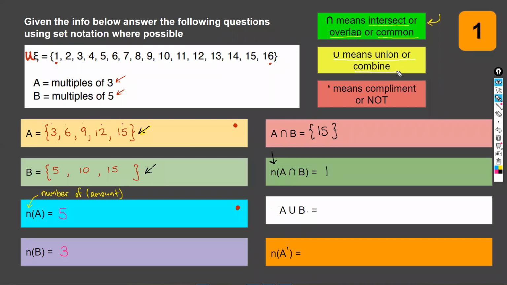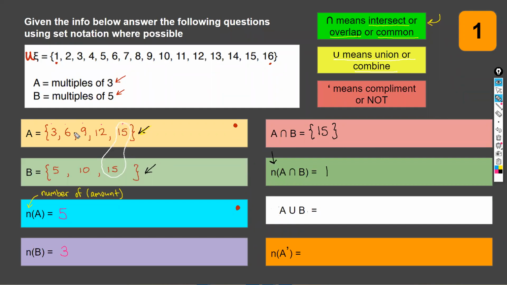If you union 2 houses, that means you are combining the 2 houses. They want you to combine all the answers between A and B. However, you all will notice that A and B have a common answer.